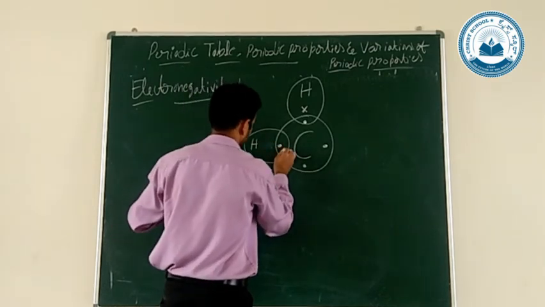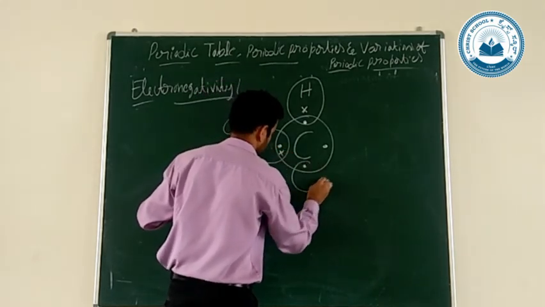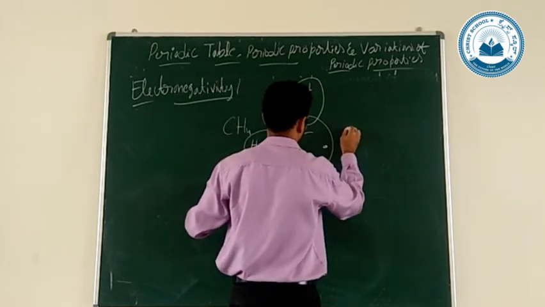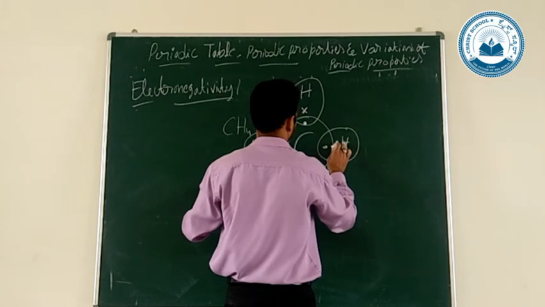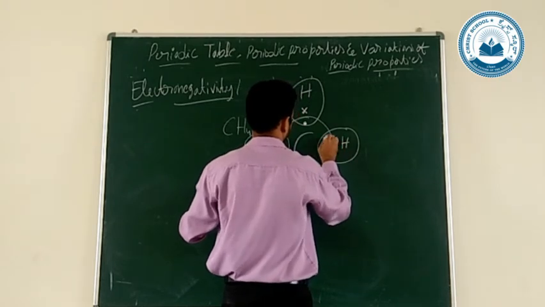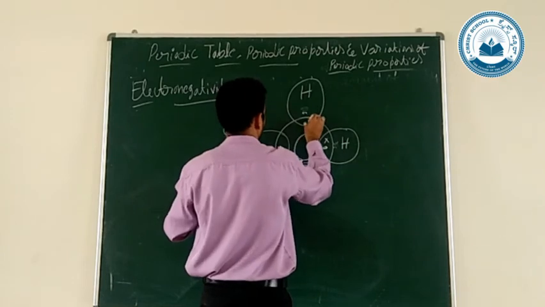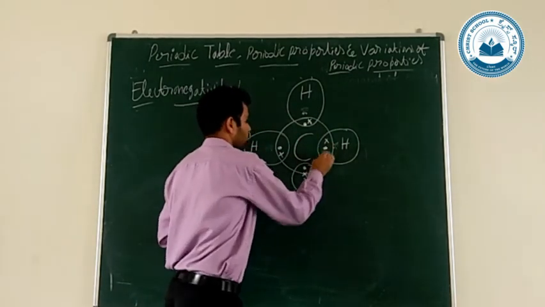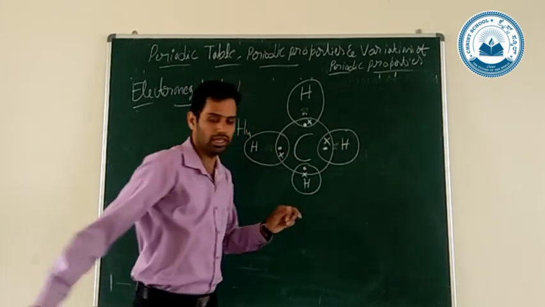You can write it inside here only. The dot is the valence of carbon, and the cross is the valence of the hydrogen.